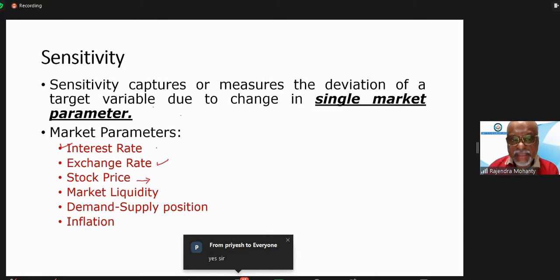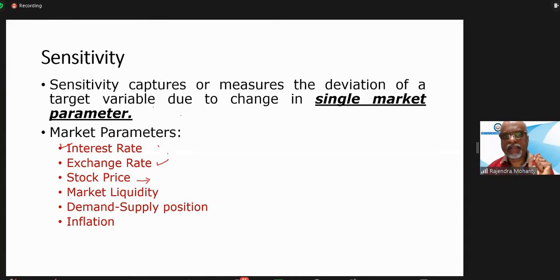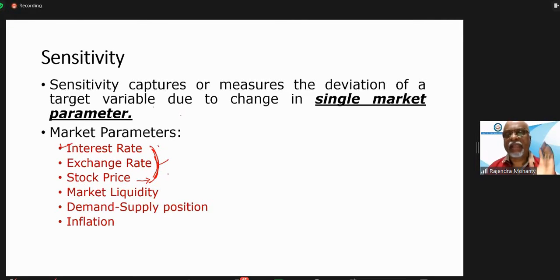So for each one separately, this sensitivity method will be applicable. So if there is an asset where three things are changing, compositely three things cannot be taken together to find the loss or gain. We have to calculate separately, for interest rate separately, for exchange rate separately, for stock prices separately. That is the drawback of sensitivity.